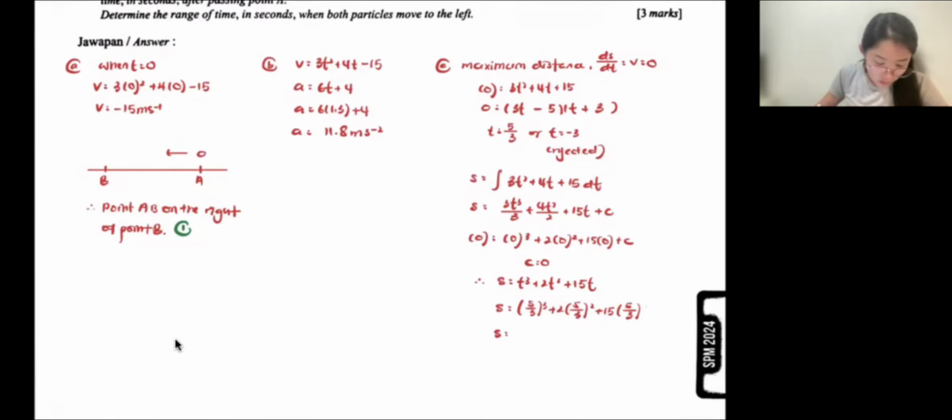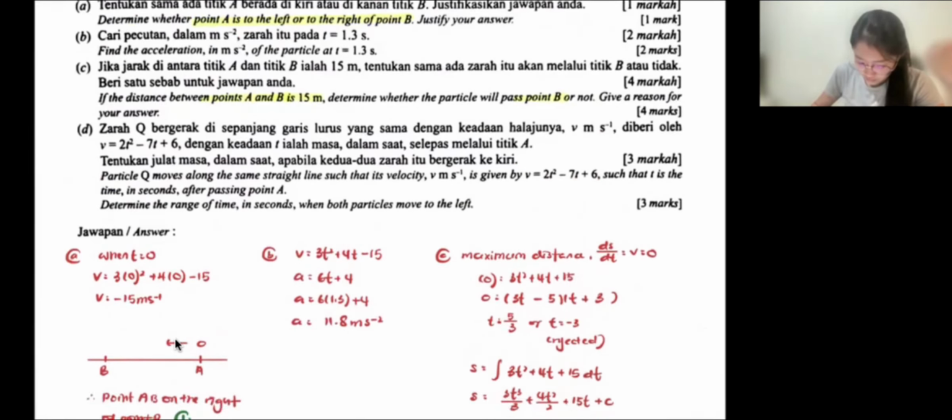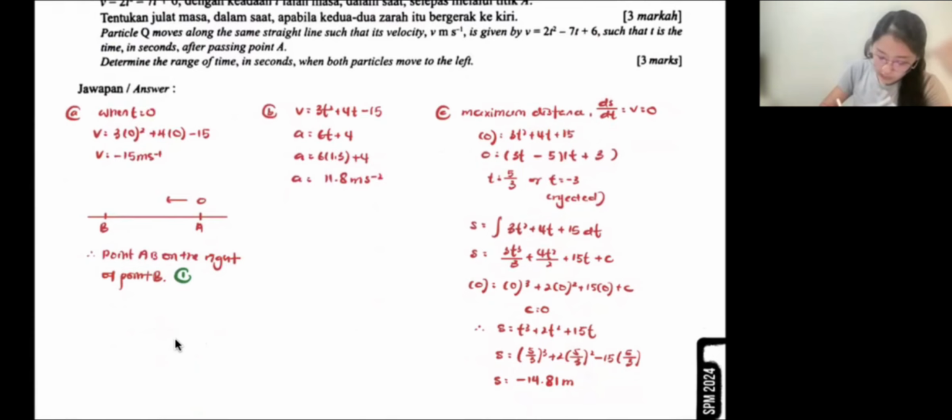Hey, this is minus, not plus, minus. So this is negative 14.81. Negative 14.81 meters. B is 15 meters to the left. 15 meters to the left of A. This is negative 14.81, so it will not pass. It will not pass.